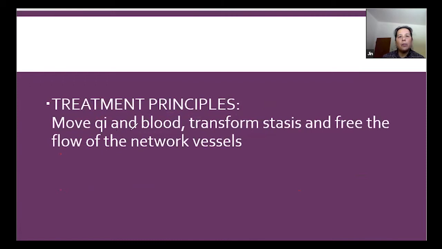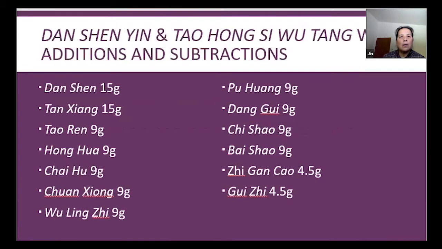So the treatment principle for this one is moving qi, moving blood, removing blood stasis, and opening the channels. The formula we use is Dan Shen Yin plus Tao Hong Si Wu Tang. These two formulas both move blood and remove blood stasis. Especially Tao Hong Si Wu Tang, which is the basic formula for removing blood stasis, and a lot of formulas are based on it.